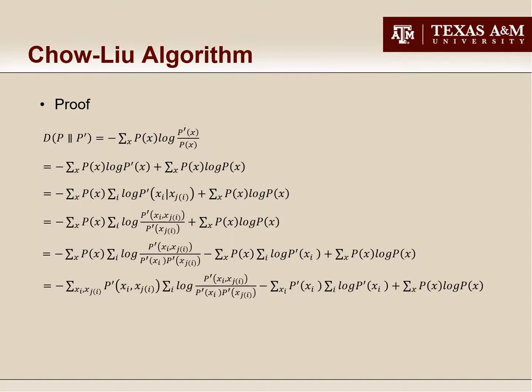Then for the first term, we can easily find that the P'(xi, xji) log P'(xi, xji) divided by P'(xi) P'(xji) is just the mutual information between different pairwise variables. So the first term will become the sum of the pairwise mutual information.